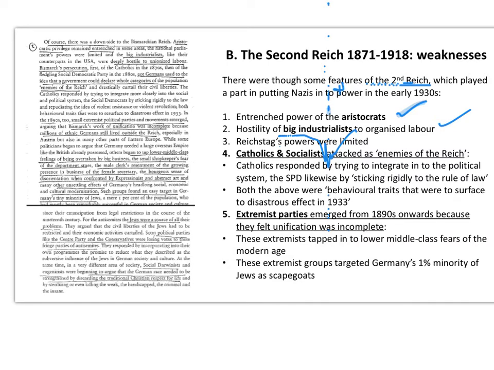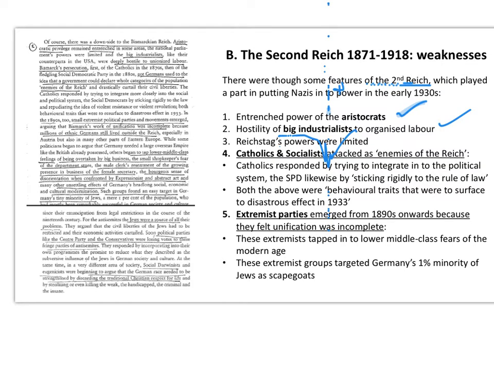We know that Catholics and socialists, Hitler hated them. Again, you'll be learning about that, but Hitler absolutely hated, in particular, the socialists, but also the Catholics, because they were international. Well, we know that Bismarck likewise attacked Catholics and socialists.